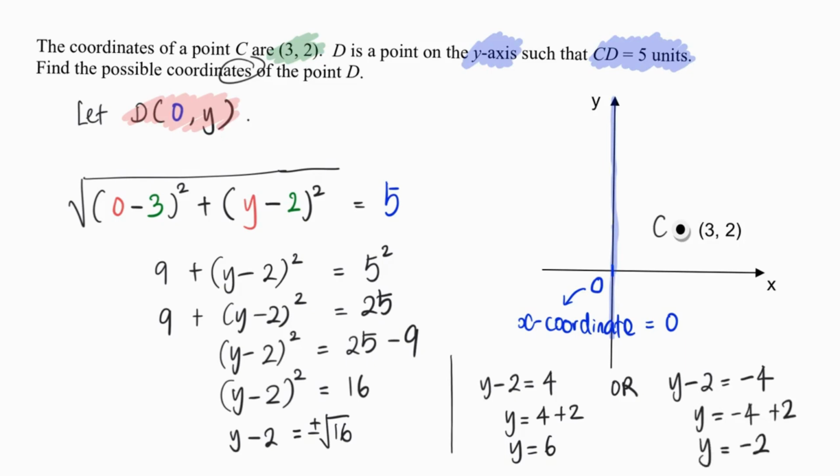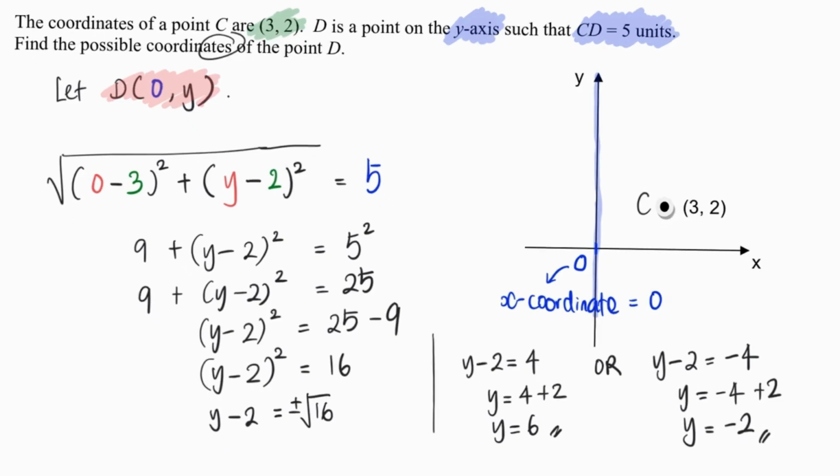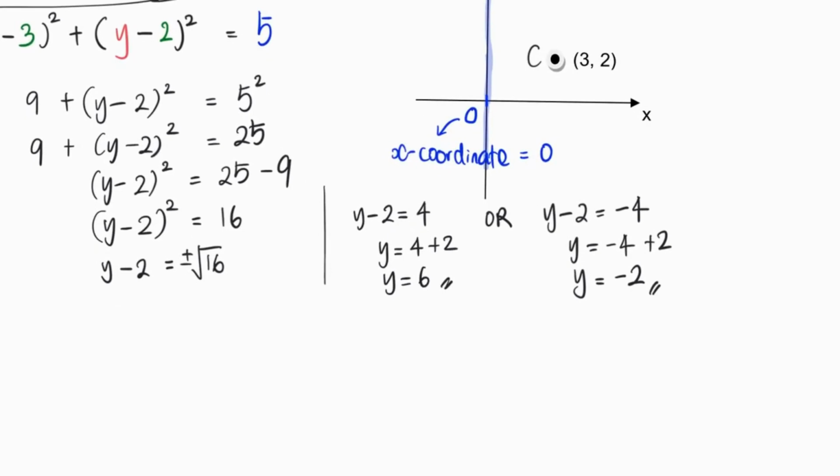And that will be my second possible answer. So the final answer would then be, let me just make sure that I got some space. Do indicate your final answer as such. Okay, since they ask for coordinates, it's either 0, 6 or 0, negative 2.